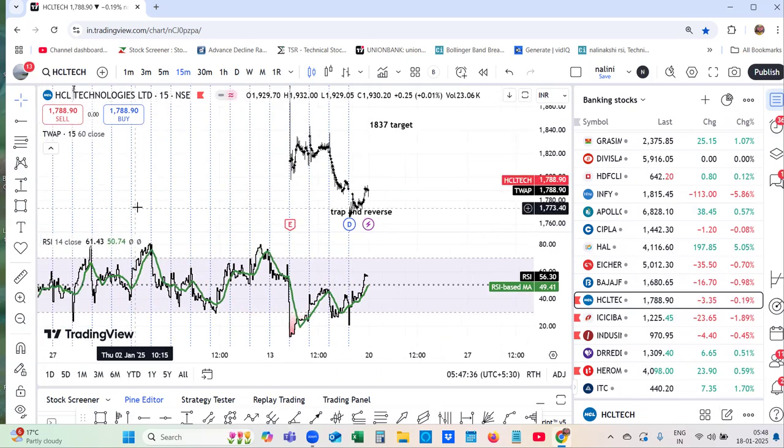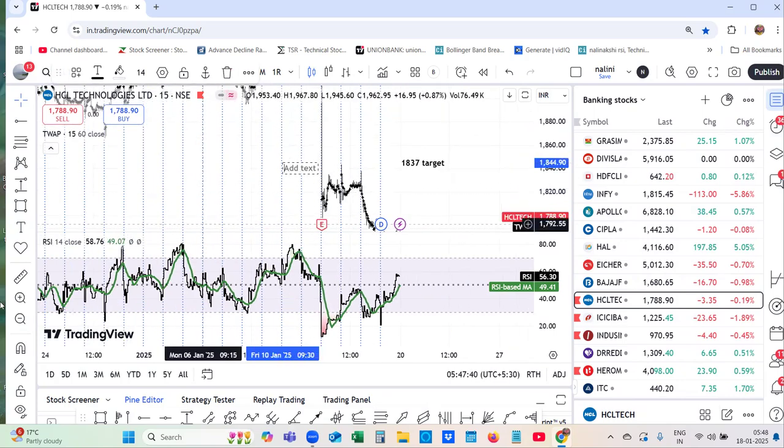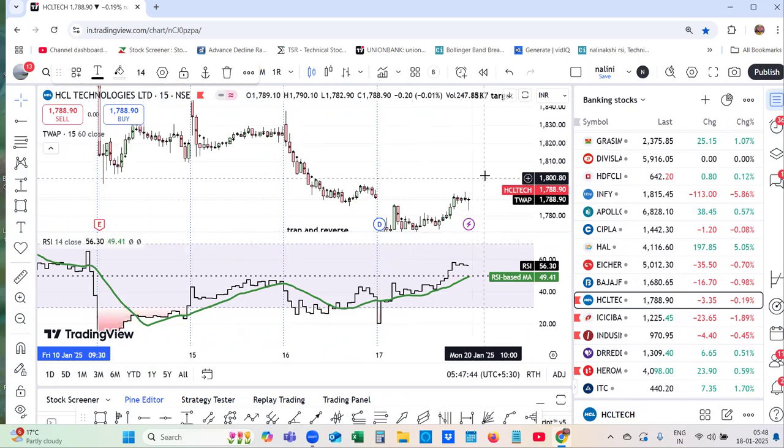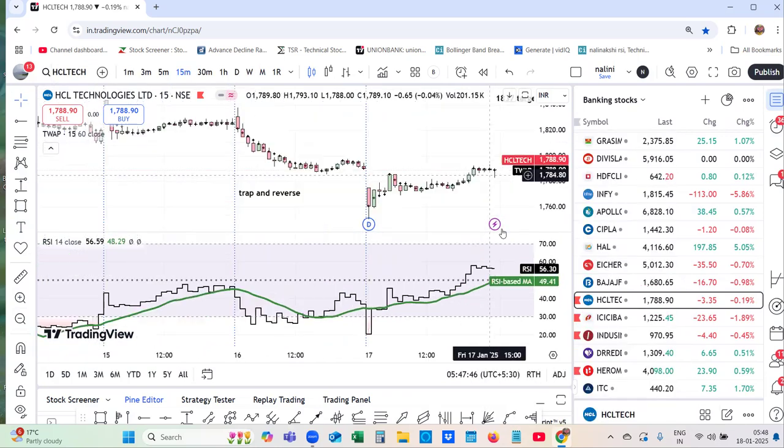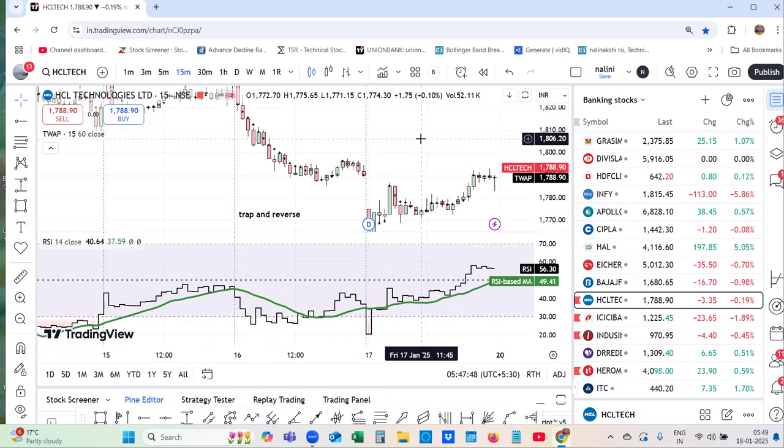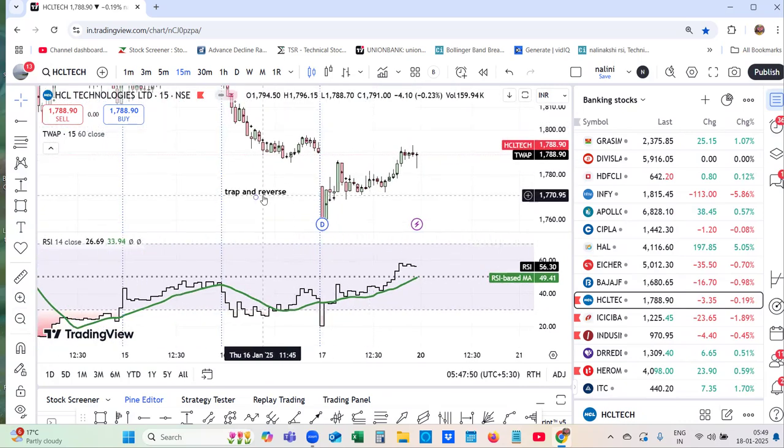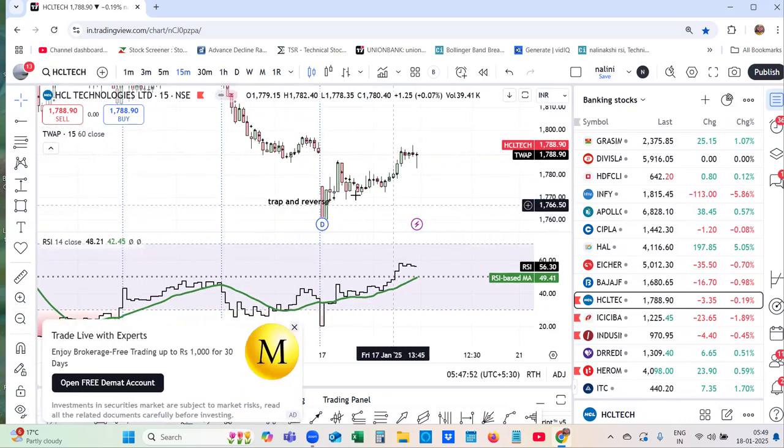Here we have seen this pattern in HCL Tech. Trap and reverse pattern occurring on Friday.